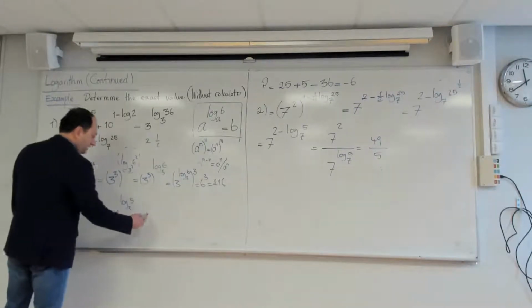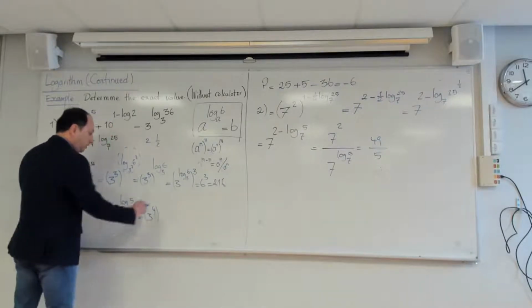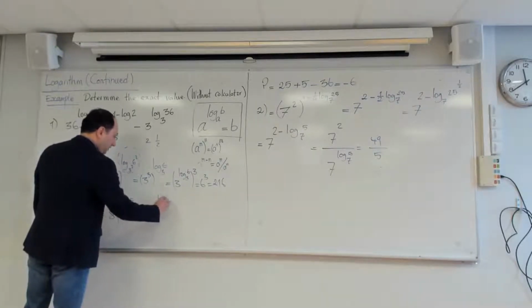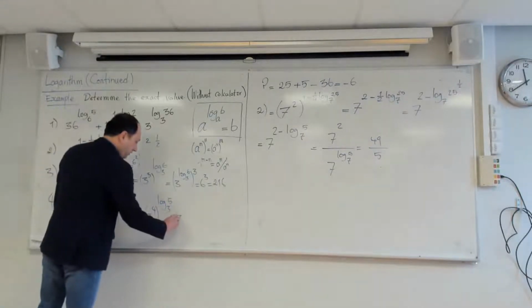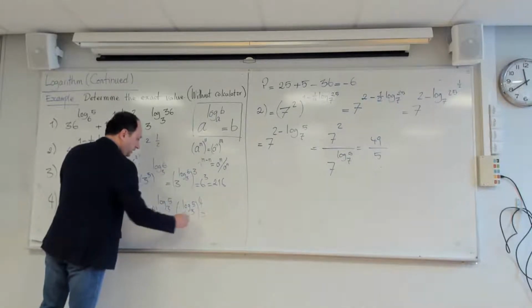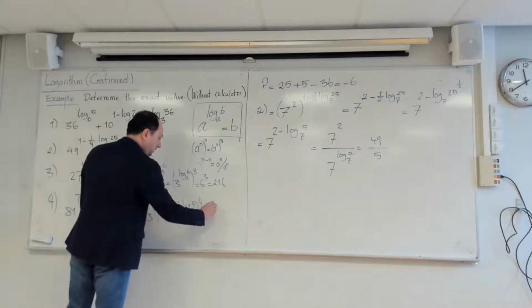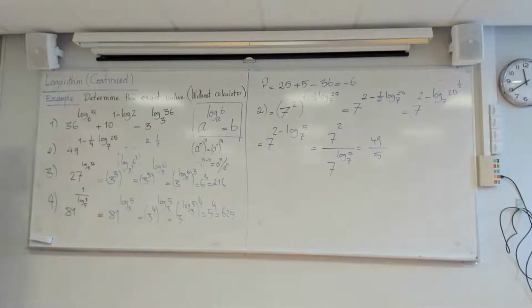Do you remember that 81 somehow is 3 to the 4? And then you have log of 5 to the base 3, and then you can interchange. So I can write 3 to the log of 5 to the base 3, and then to the 4. And then this becomes 5 to the 4. This becomes 625. So 5 times 5 times 5 times 5.